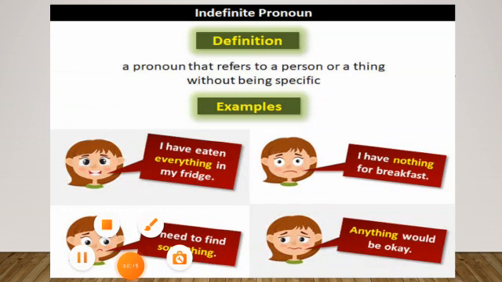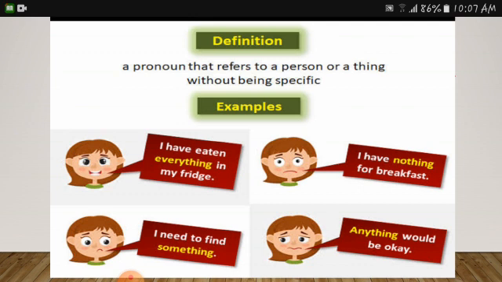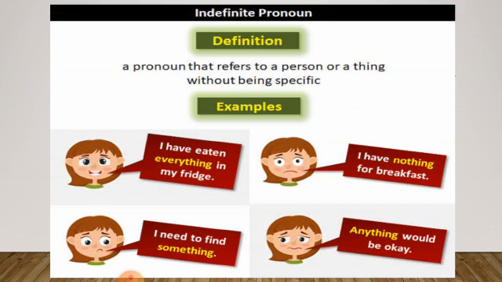After that, we have indefinite pronoun. The definition of an indefinite pronoun is a pronoun that refers to a person or a thing without being specific. When we don't say the specific, for example, I have nothing for breakfast. Nothing is specific here. I have eaten everything in my fridge.